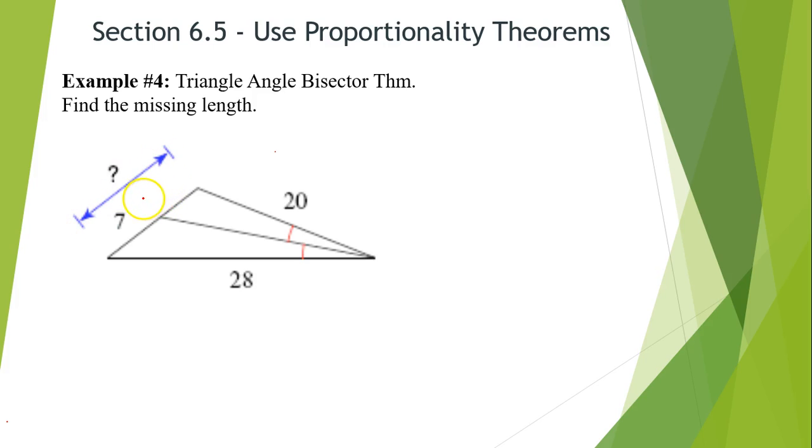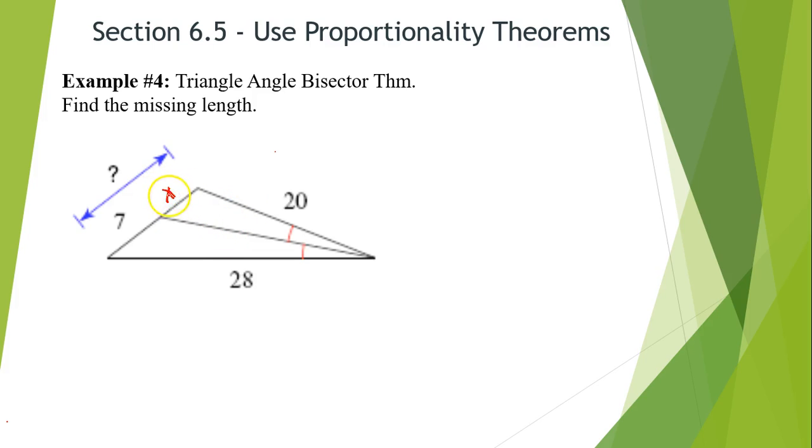So this is how I would actually go about it. I would say, we know these two angles right here are congruent, meaning it's bisecting the angle. This whole angle right here is being bisected by this segment going through it. We can split up our proportionalities like this.